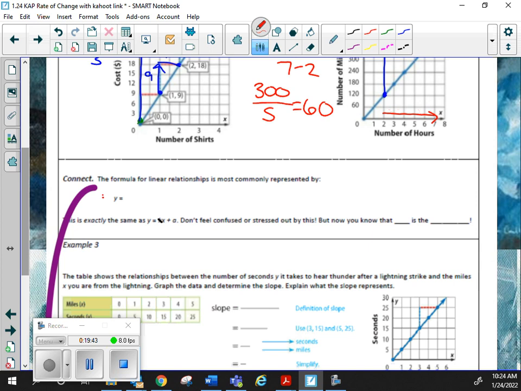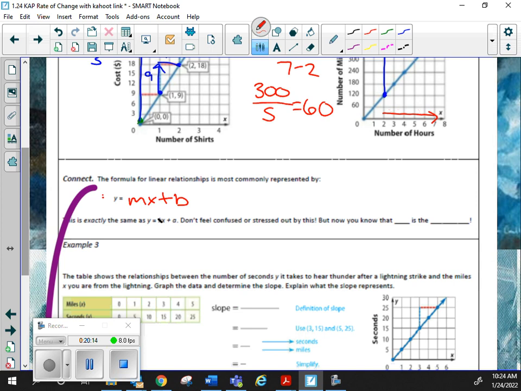Remember how we had parent equations where it was always like y equals kx, where you're multiplying, or y equals x plus a. It was your parent equation. The parent equation for these two-step problems is y equals mx plus b. That parent equation for these linear equations, where it's taking both, is y equals mx plus b, where m is talking about my rate of change, my multiplier, my slope.